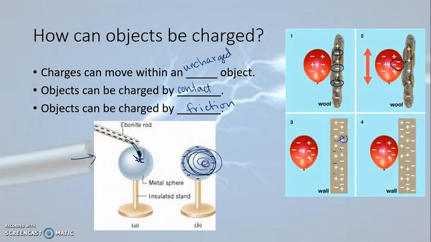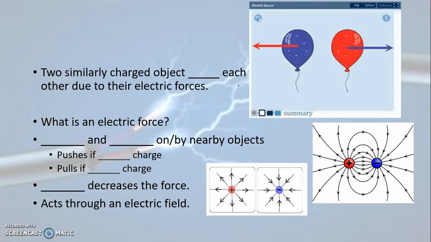Those charges have moved away. Okay, so what you have now here is more positive charges. It's not that the wall has a charge to it, it's just that it has moved or pushed those negative charges away because they're repelling each other. And so those positive charges are hanging on the wall, and they are what attract the balloon to it, and that's how the balloon will stick to the wall.